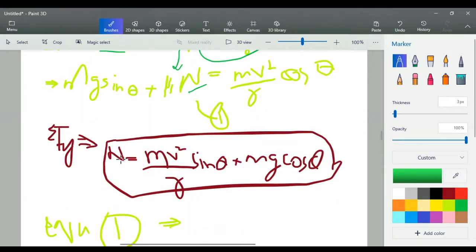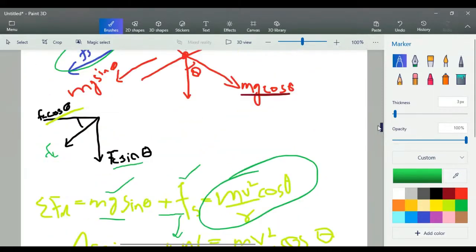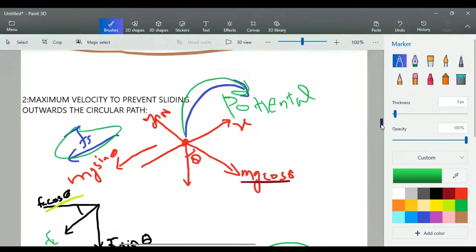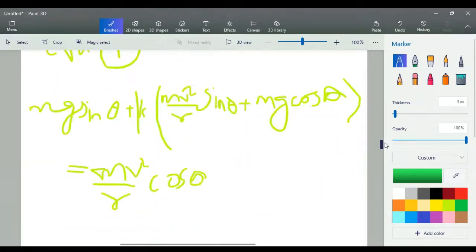This implies that n equals mv square by r sin theta, the vertical component of the centripetal force, plus mg cos theta. Putting n in equation 1, we get the resultant equation.